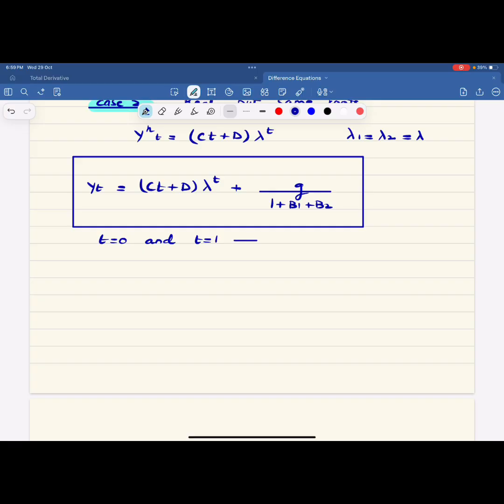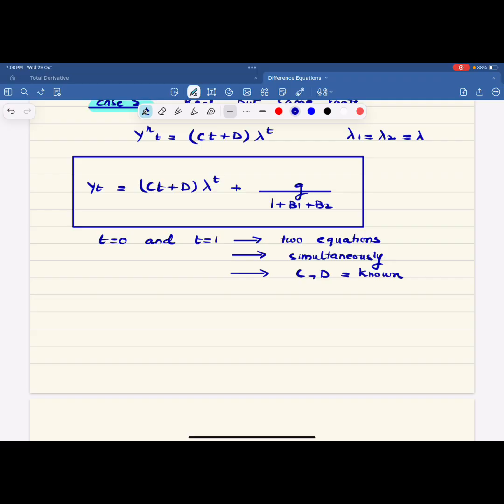You'll obtain two equations, and then you just need to solve them simultaneously. When you solve them simultaneously, you will obtain the answer to the unknown constants. So these will become known.